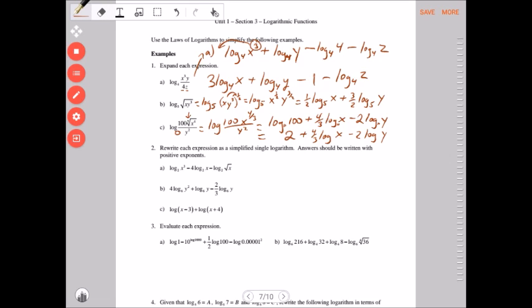So rewrite each expression as a simplified single logarithm. Answers should be written with positive exponents. Okay, great. So basically a positive exponent, so no roots is the idea there. So we're just going to have one big log.